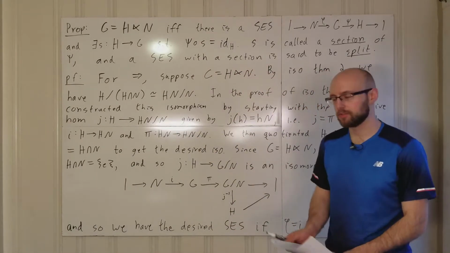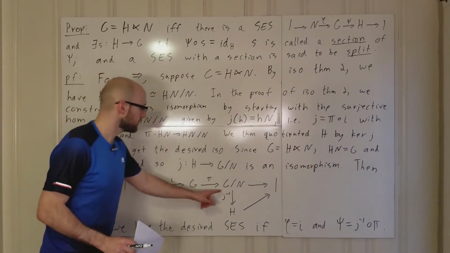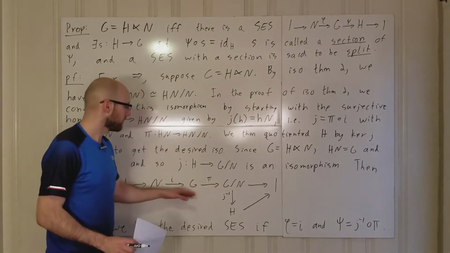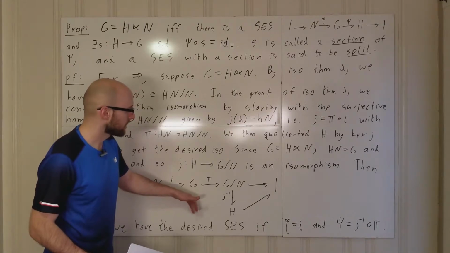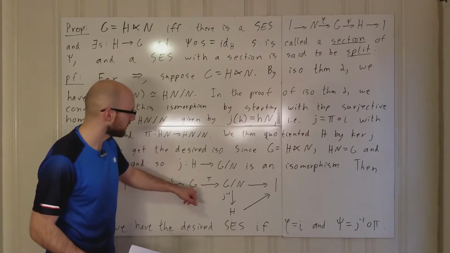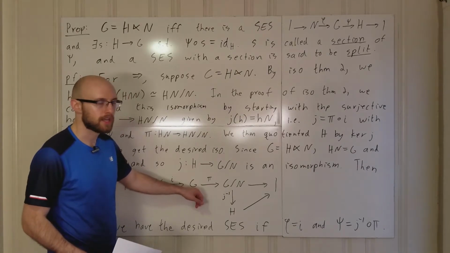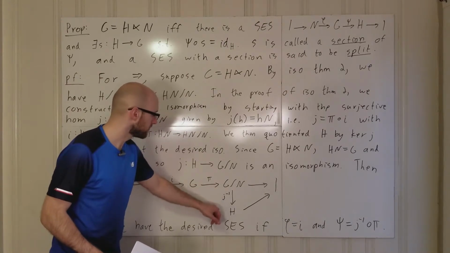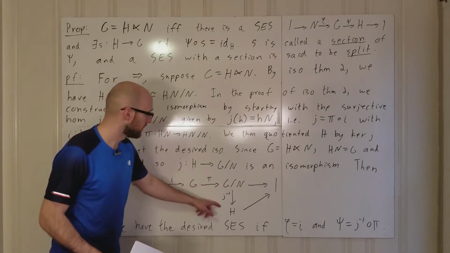Isomorphisms are in particular surjective. And then, of course, because this is an isomorphism, if you're trying to look at the kernel of psi, then certainly anything in the kernel of pi is going to be in the kernel of psi.